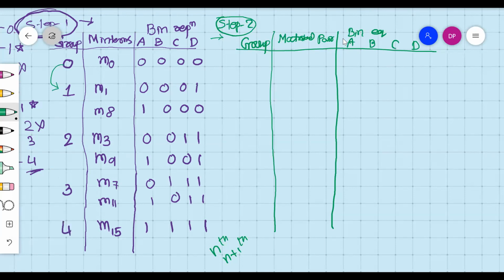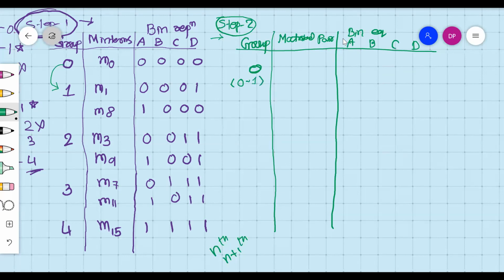If you get at least one place where they differ, we will consider that group in step 2. Once this group 0, I'm writing the group 0 here, I will compare the 0th group of the first table with the first group of the first table.